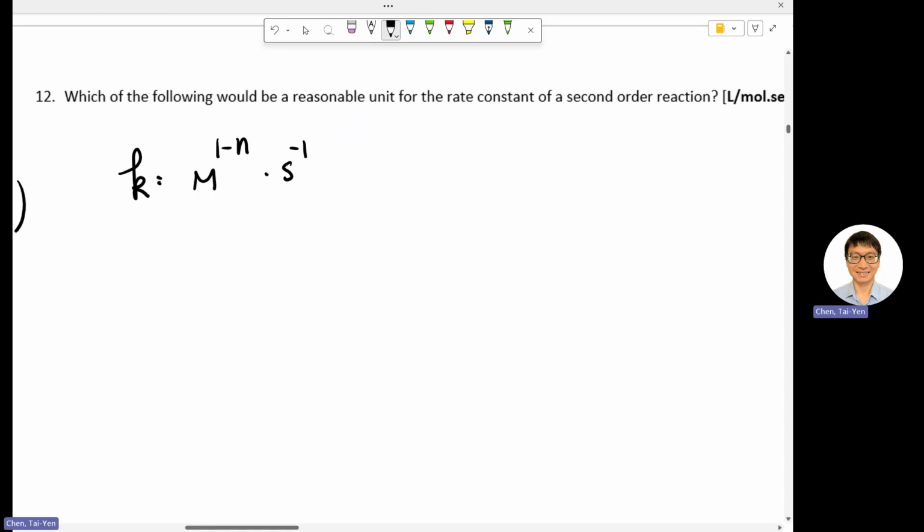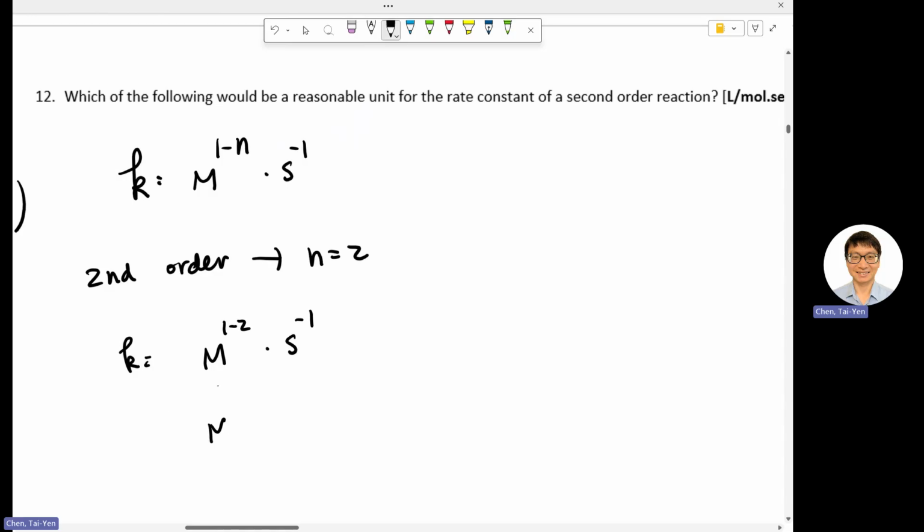Second order, therefore n equals 2, so the unit of K will have concentration 1 minus 2 per second.